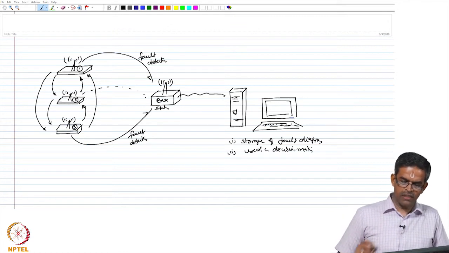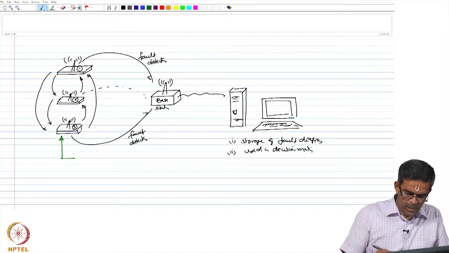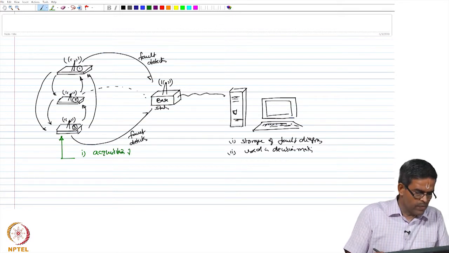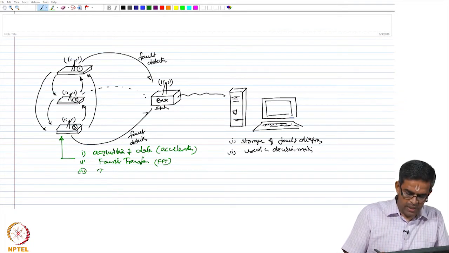Interestingly, let us see what is the job performed by each sensor. Each sensor performs various jobs: acquisition of data, maybe acceleration, because we have taken an example of triaxial accelerometer. It also does Fourier transform of the data. It further detects the highest peak.